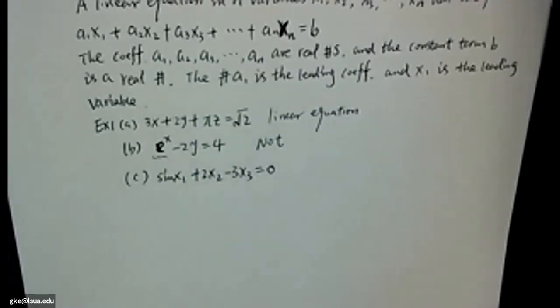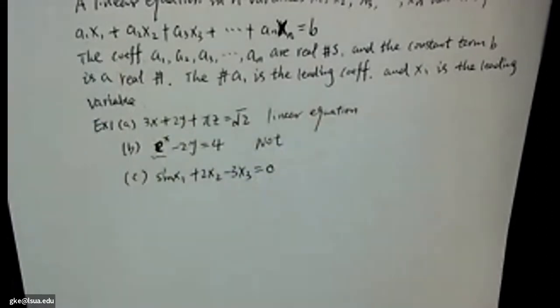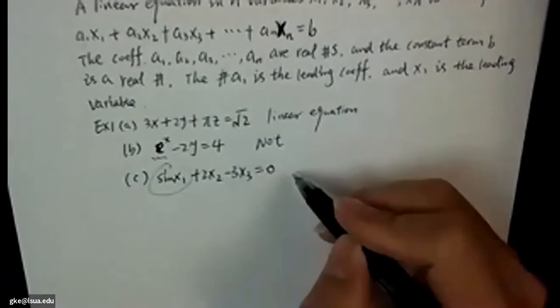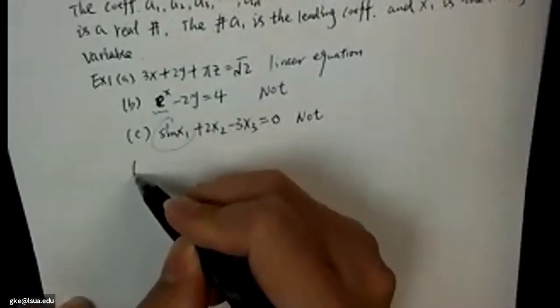Because sine x1 couldn't be split into a constant times a variable, right? It's always about a constant times a variable. So this one is not a linear equation. Very good.